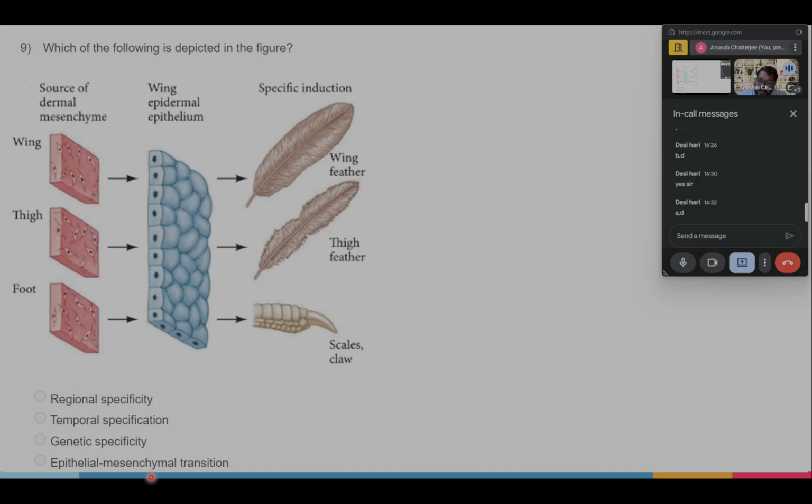Okay, the options A and D are being chosen. This is a single correct option question, so you can choose only one. But okay, we'll look at it.